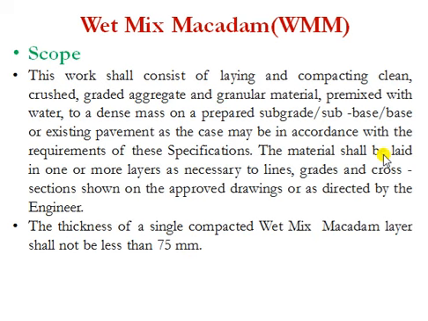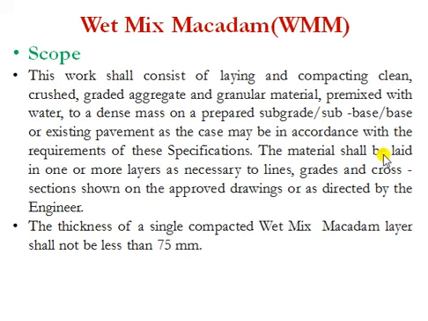The layer below the wet mix macadam depends upon the specification and requirement of the project. Here the materials will be laid in one or more layers depending upon the importance of the project, or as specified in the drawing or directed by the engineer.